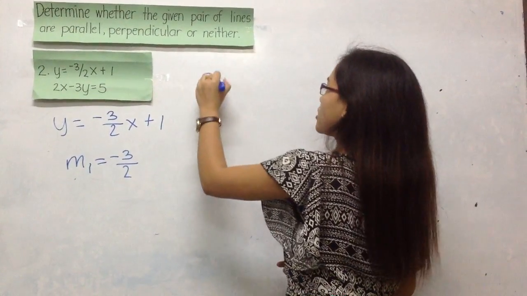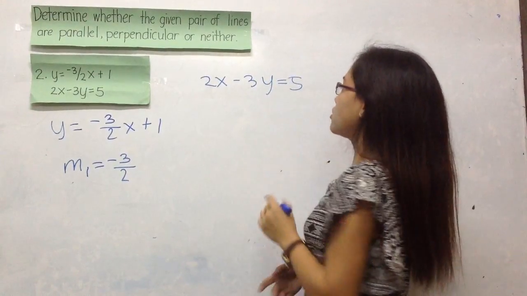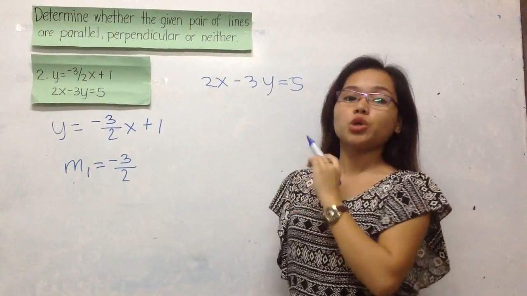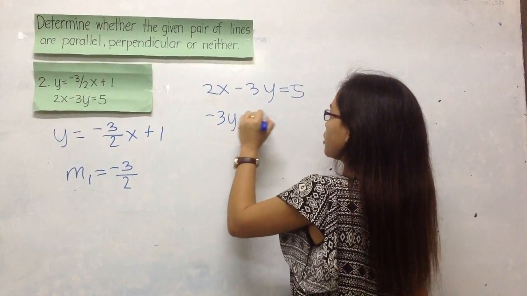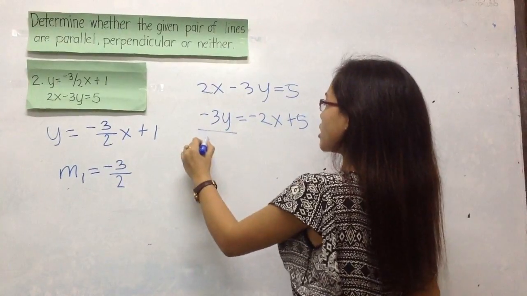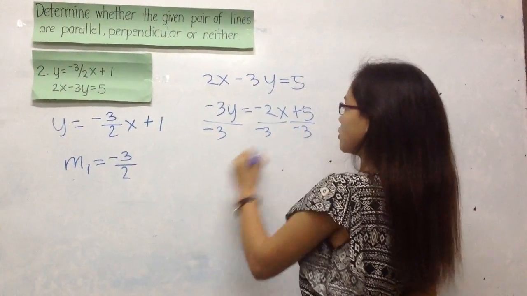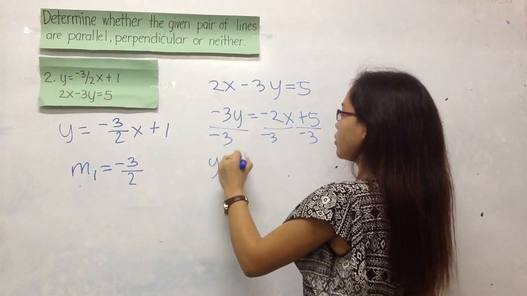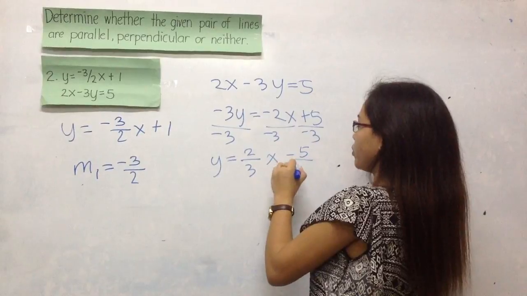2x minus 3y equals 5. So we will transform this into slope-intercept form. Negative 3y equals negative 2x plus 5. Divide both sides by negative 3. So y becomes 2/3 x minus 5 over 3.